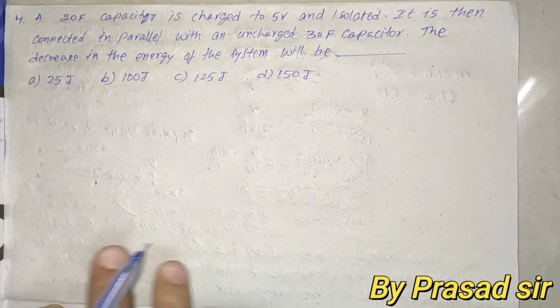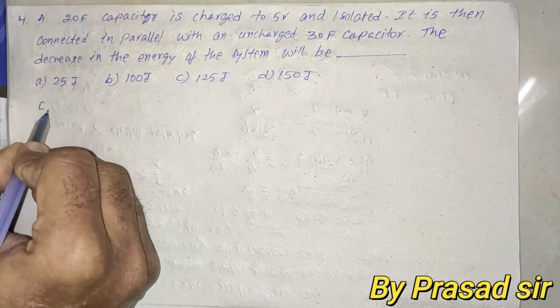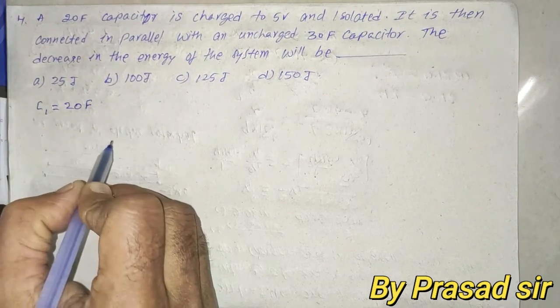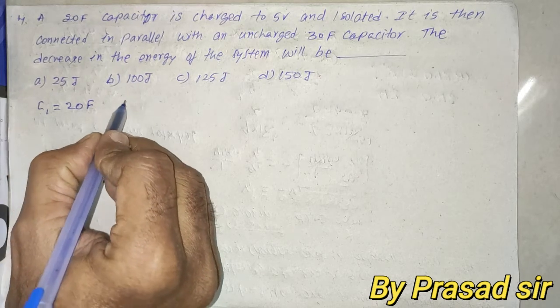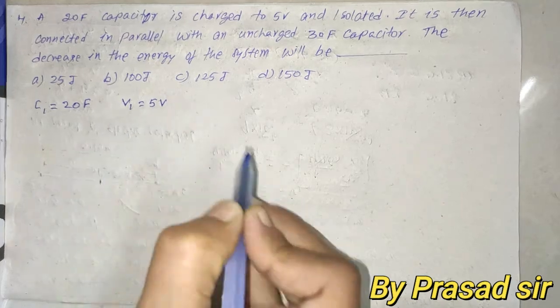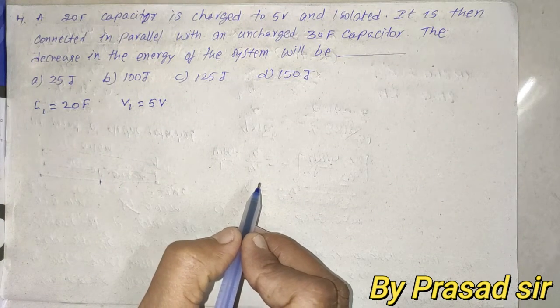So to solve this one, first of all, capacitance C1 is equal to 20 farads, which is given. The potential V1 is equal to 5 volts. Then it is isolated and connected in parallel with an uncharged capacitor.